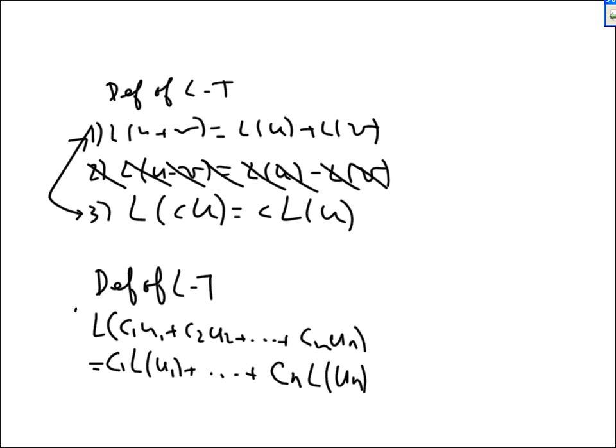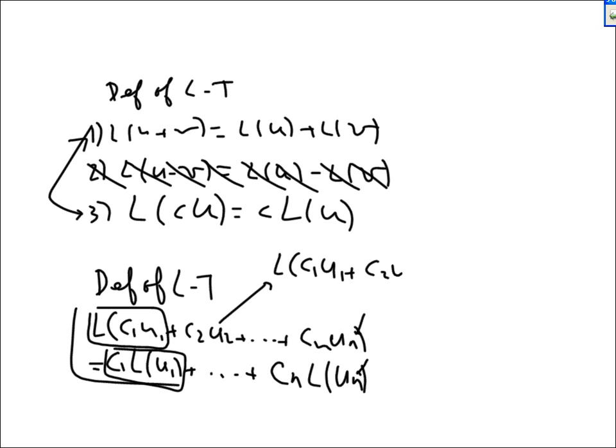Why would this definition have proved both of these? Well, if n was 1, then we would have just said L of C1U1 is equal to C1 L of U1. And if we looked at just 2, L of C1U1 plus C2U2 is supposed to equal, let's just use 2 of them, C1 L of U1 plus C2 L of U2.